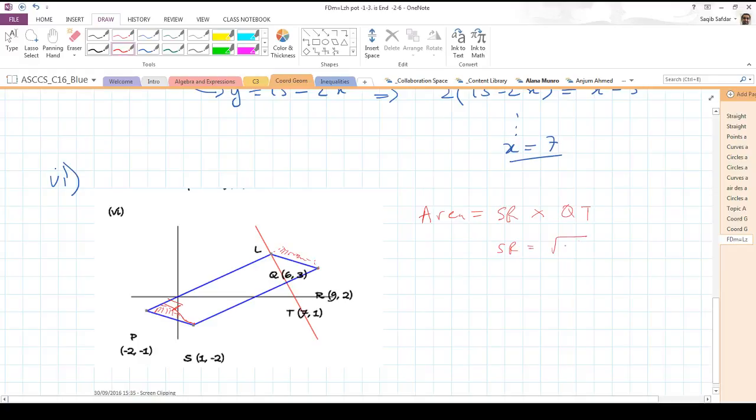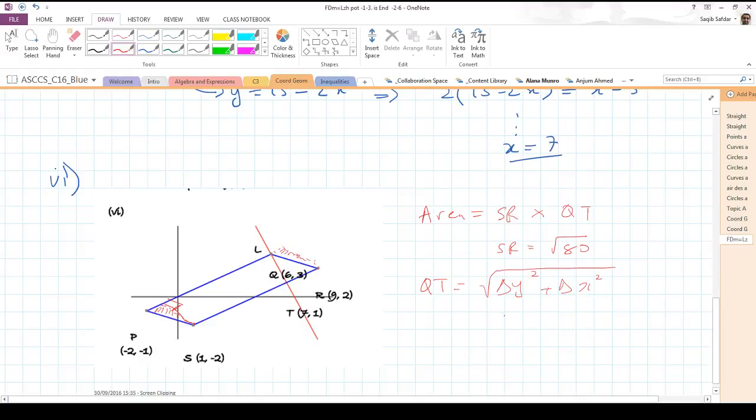We know SR, we've calculated that already, that's just the square root of 80. And then all we need to know is QT. So QT, so this point to this point would be Pythagoras again. So I'd write the formula, change of y squared plus the change of x squared, square root.